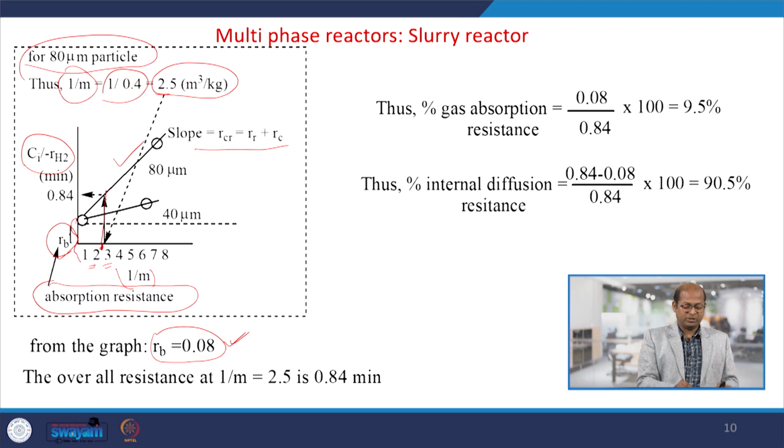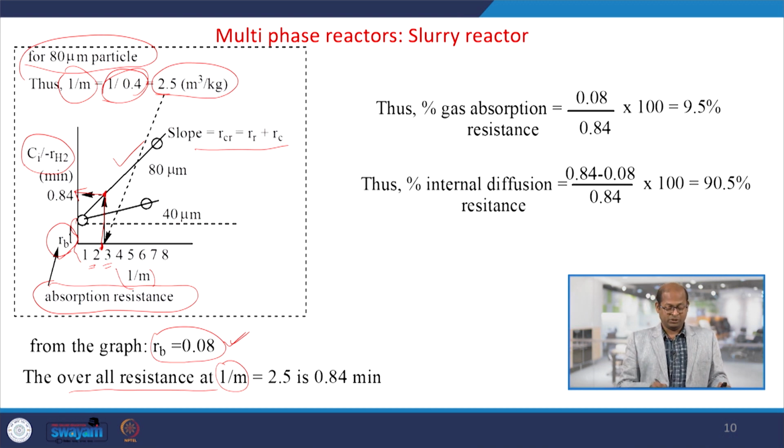If we draw this line, it intersects the 80 micron particle line, and then from the y axis we get 0.84. That is the total overall resistance for that amount of catalyst, 0.4 kg per meter cube, with 80 micron particles.